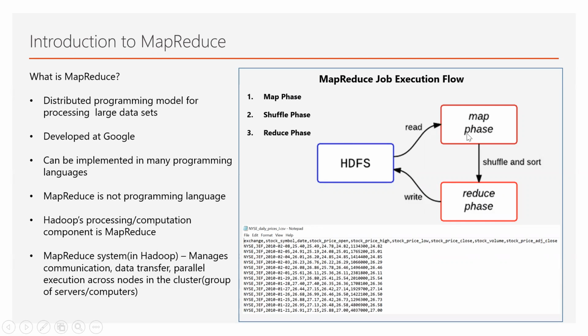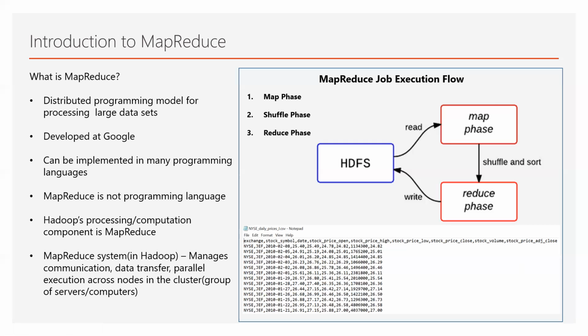Whatever code we write will be run on the map phase and the reduce phase. For the map phase, we'll be writing the code in a method called the map method. I will go to the program and explain in detail.